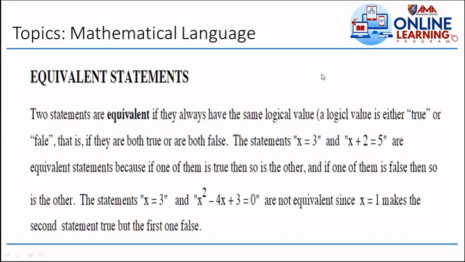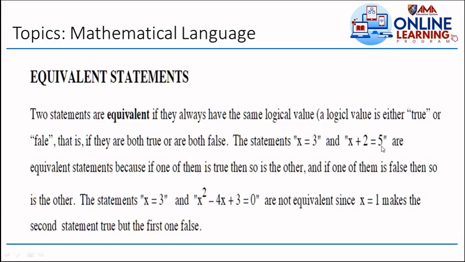So if you have equivalent statements, they should both be true, and at the same time, they can also both be false. That is the equivalent statement. If we check it here, x is equal to 3 and x plus 2 is equal to 5. If we substitute the value of 3 here, we have 3 plus 2 is equal to 5.